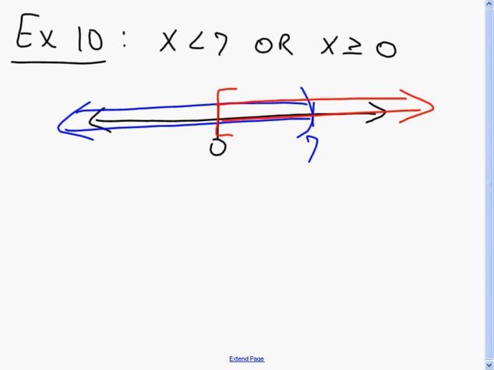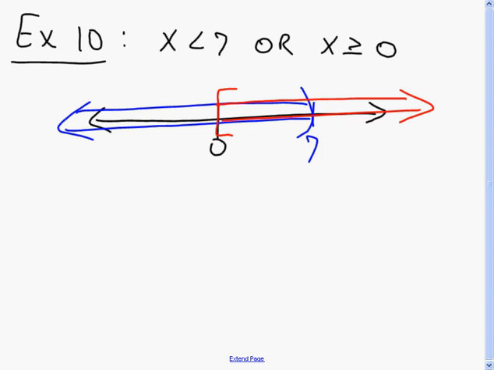So union is anywhere where I shaded one or more times. If you look, my entire number line is shaded one or more times. I shaded everything to the left of 7 in blue, then I shaded everything to the right of 0 in red, and so yes, I did overlap somewhere, but where I shaded one or more than one time is my entire number line.